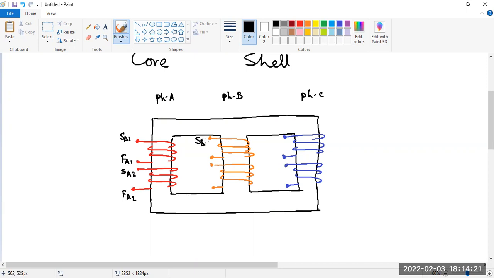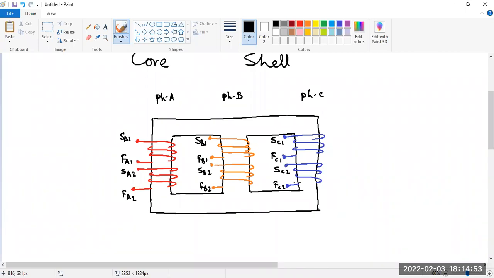Start of B, finish of B, start of B2, and finish of B2. Start of C, finish of C, start of C2, finish of C2. Okay, so this is how we can get 12 terminals in these three-phase transformers.